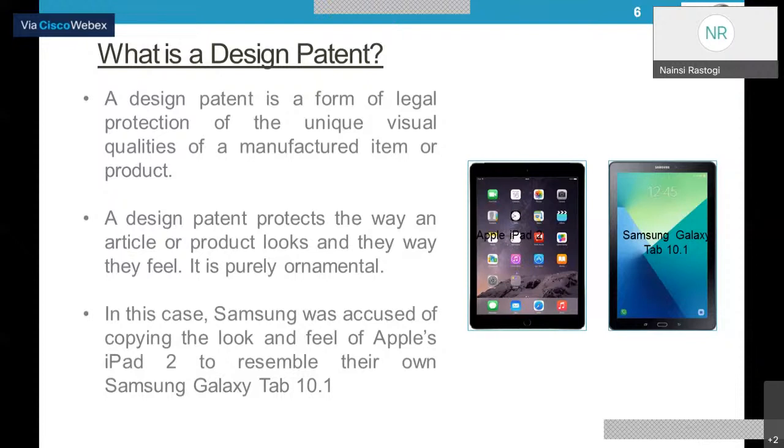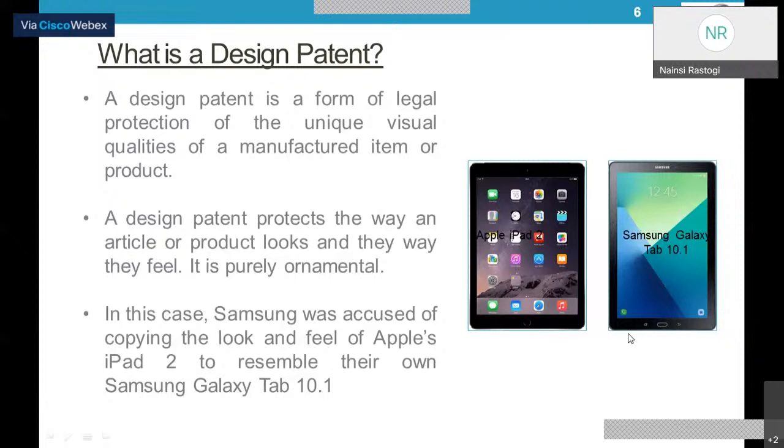Further, Samsung was accused of copying the look and feel of the Apple iPad too, because the resemblance is quite similar. If we compare side by side, this is the Apple iPad 2 and this is the Samsung Galaxy Tab 10.1.